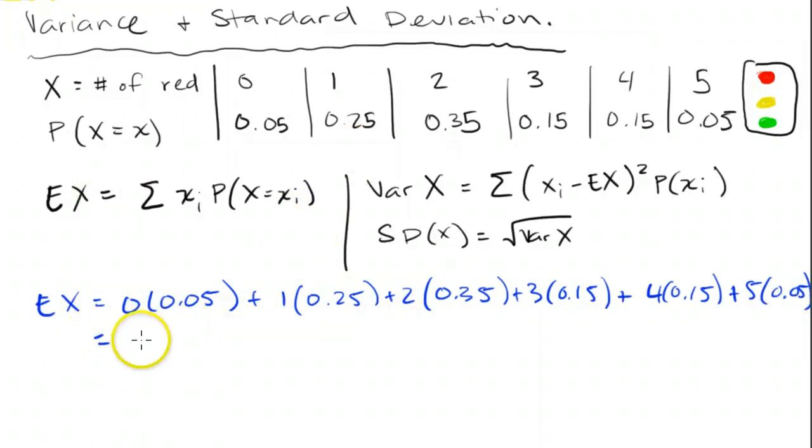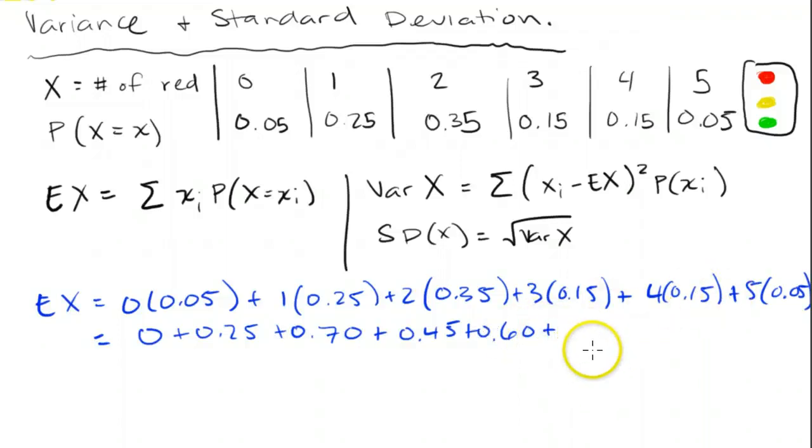So this is going to be 0 plus 0.25 plus 0.70 plus 0.45 plus 0.60 plus 0.25. And we get an expected value. Let's see if I can add this together.